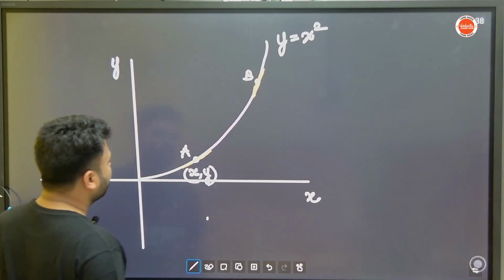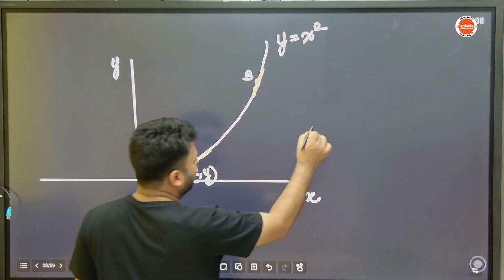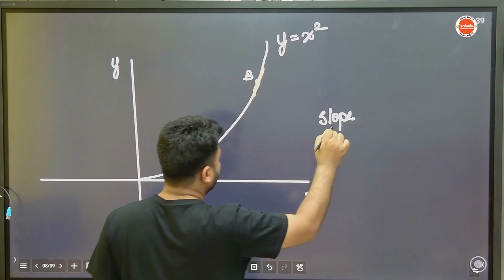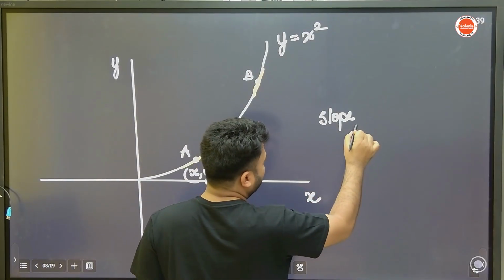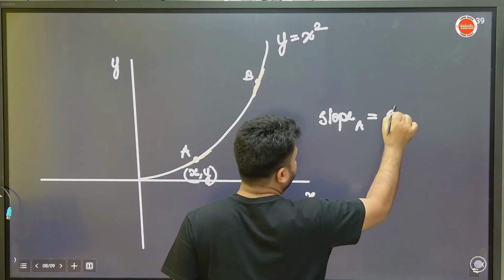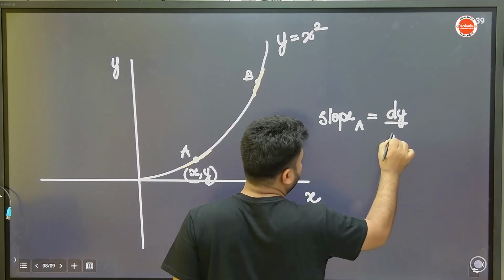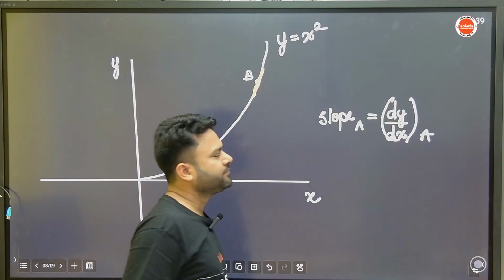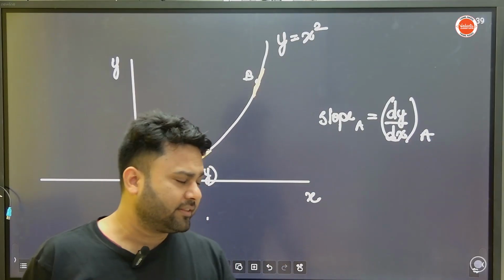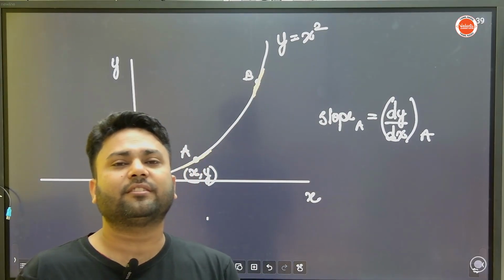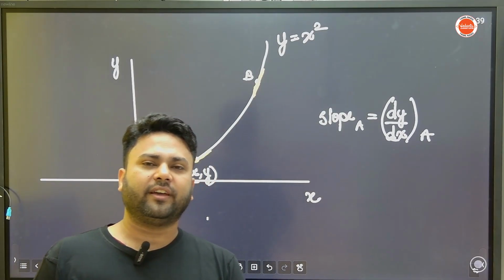The value of the slope at any point A was given by dy by dx at A. This we call dy by dx, differentiation of y with respect to x.